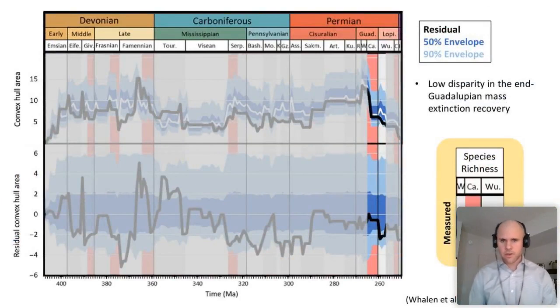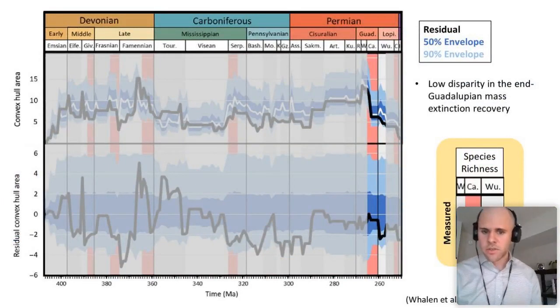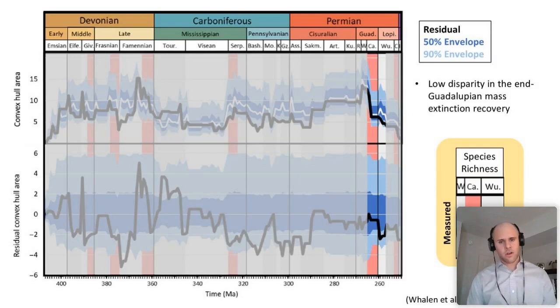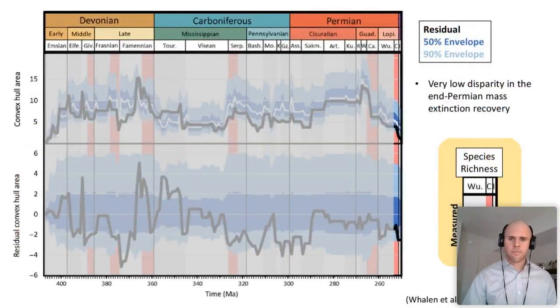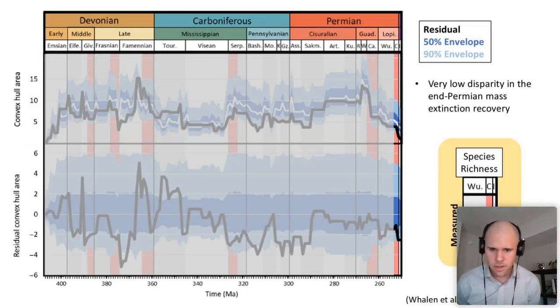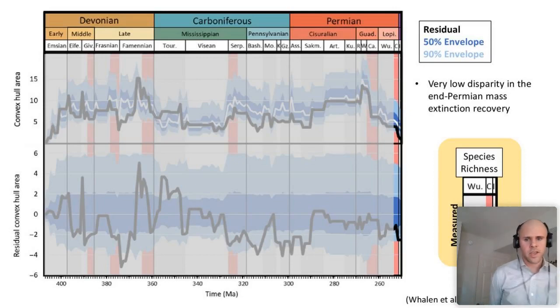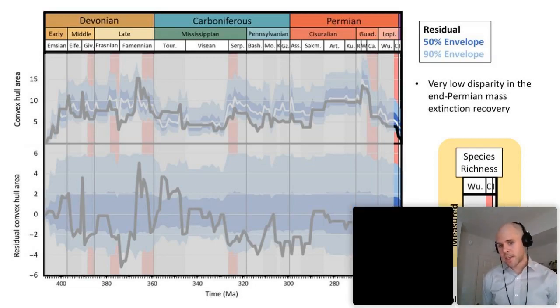Looking at the end Guadalupian mass extinction, you see a drop from the null 50% to below it, within the null 90% in that recovery. And finally, in the end Permian mass extinction, it's a little hard to see here, but if you squint or move closer to your screen, you can see that in the recovery in the Induan, disparity is again below the null 90% envelope.